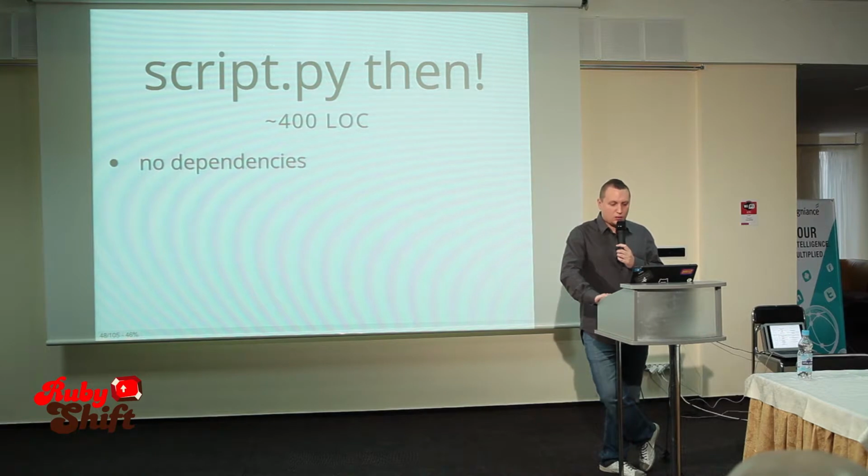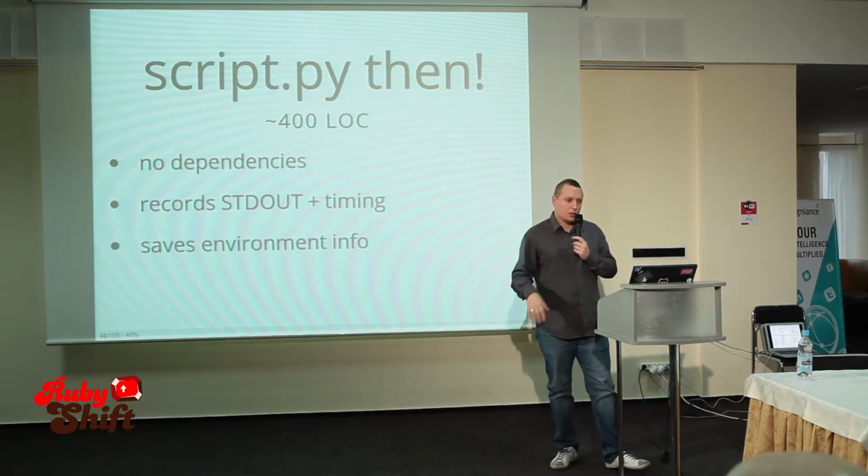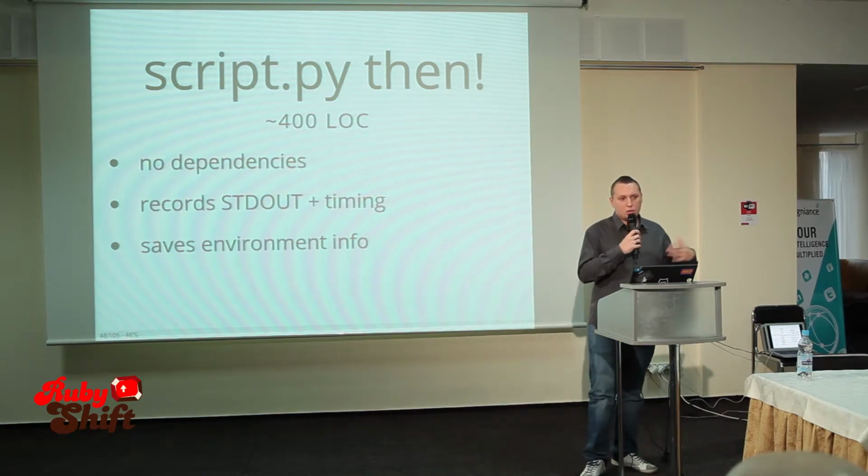So it's about 400 lines of code, about the same as the C version, but it does much more. In addition to recording, it saves environment information like the terminal width and height, shell name and terminal type, something like that. And it uploads to the site using an API.